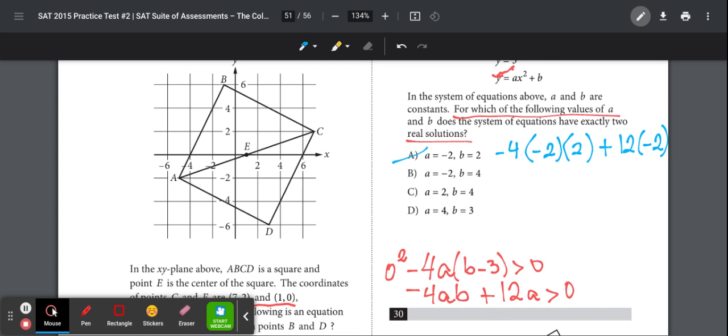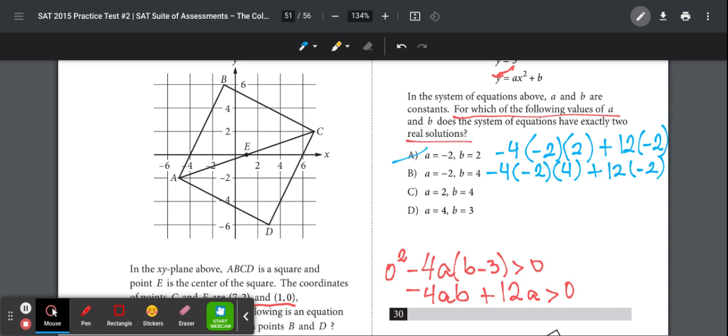For B, when I start plugging in, I'm going to have negative 4 times negative 2 times 4 plus 12 times negative 2. This here is going to be a positive number. Actually, I'll have 32 minus 24, positive 8.